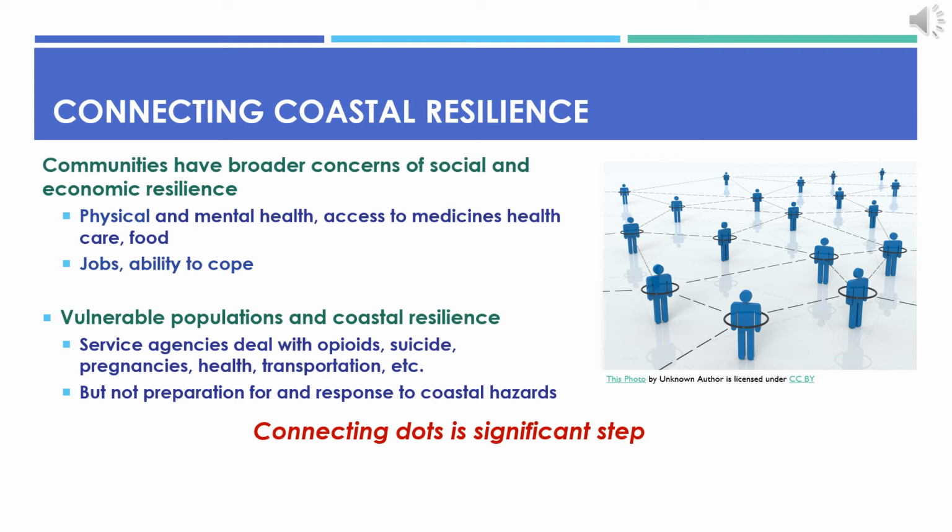This experience also highlighted additional needs of vulnerable populations when it comes to resilience to coastal hazards. Various service agencies provide resources and support for issues such as opioid addiction, aging, pregnancy, and lack of transportation, but there is less emphasis on helping these vulnerable populations prepare for and respond to coastal hazards.